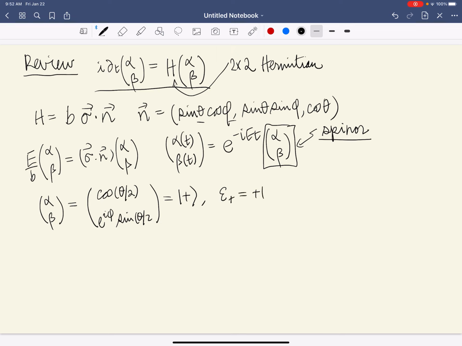And then there was this other solution, which was sine half theta, and there's a minus sign here, which corresponded to eigenvalue minus 1.